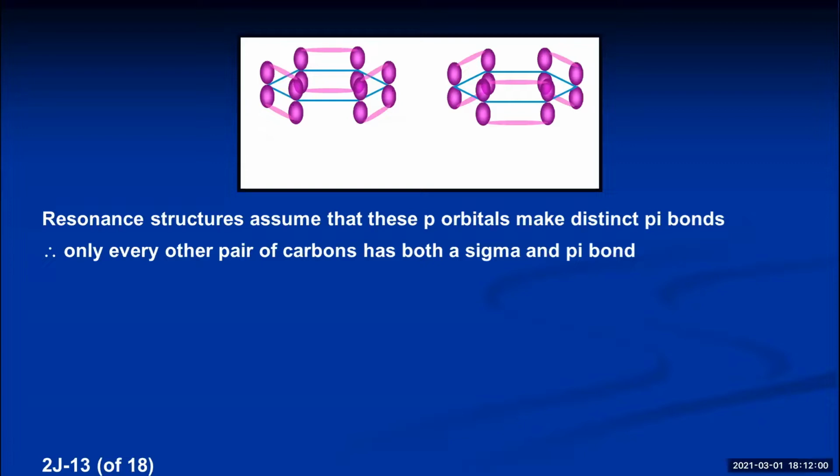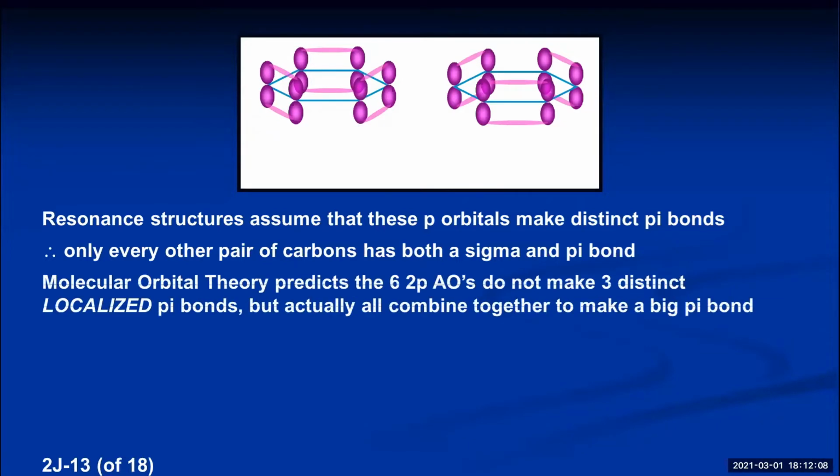So instead what's happening is all these p orbitals are all merging together to make one giant pi bond. So molecular orbital theory predicts that the 6 2p atomic orbitals do not make 3 distinct localized pi bonds where the electrons are localized between pairs of carbons. It says they actually all combine together to make one big pi bond.